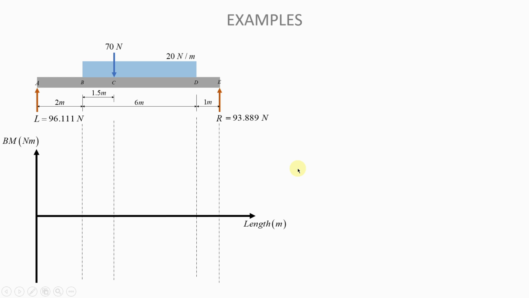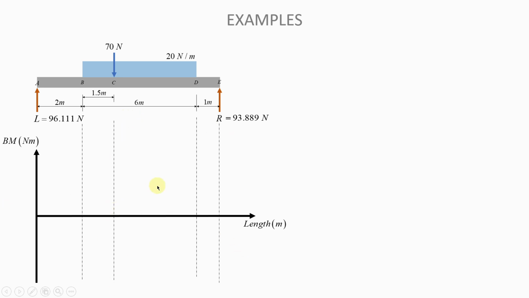You don't need to make up points for yourself like I showed you in the previous two examples. And luckily for you, in most of your exams, they will give you points of interest where you need to actually cut the beam and where you need to make your observations. So when they give you those locations of interest, that is where you will pretty much draw these vertical lines and do all the calculations.